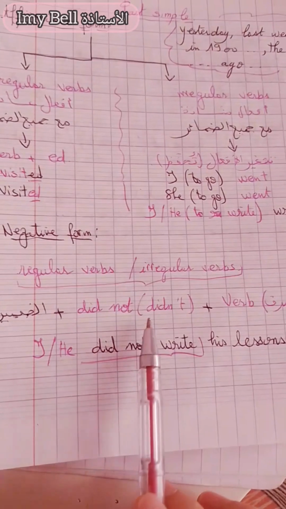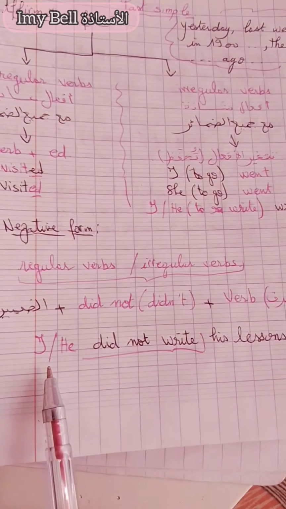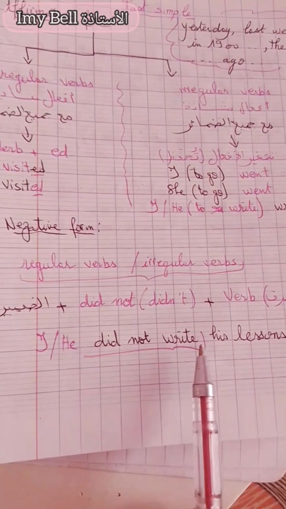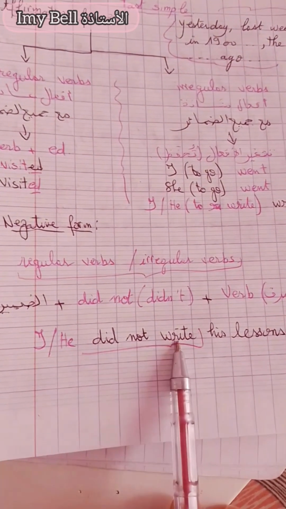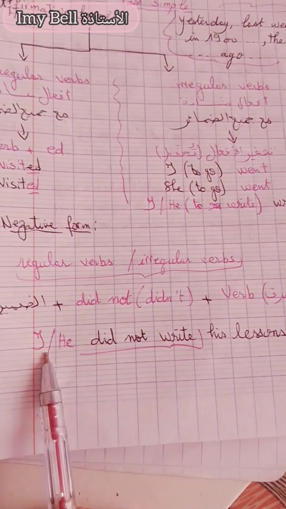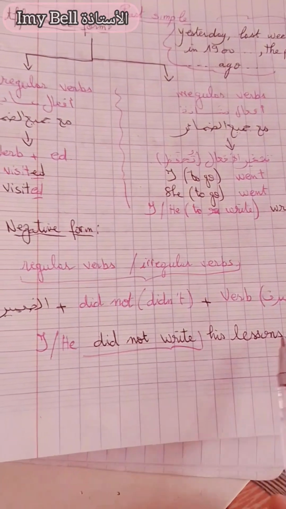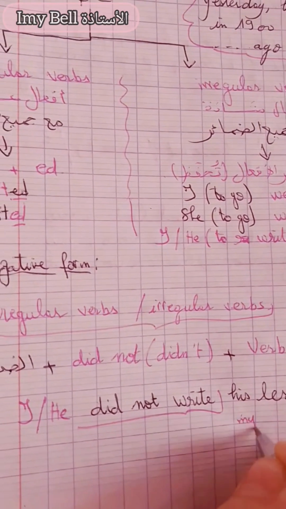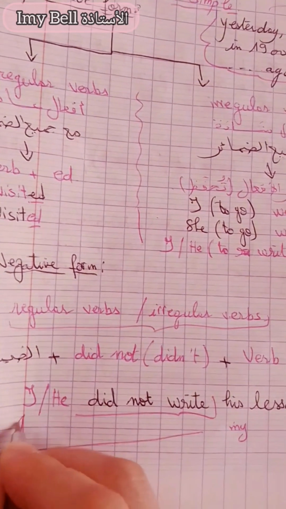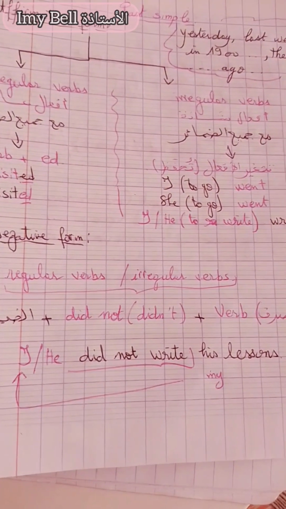But here we have the negative form not, so it becomes I didn't write, or he didn't write his lesson. إذا قلنا هنا I, we say I didn't write my lesson. هنا my تتمشى طبعا مع I and his for he.